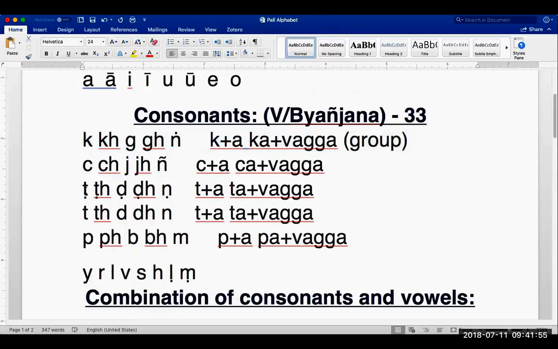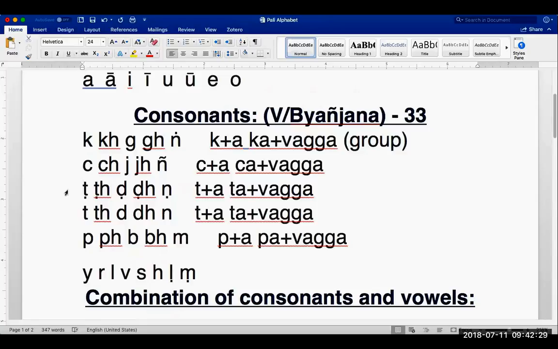And the next group is called tavagga. Try to pronounce. This will be very difficult for many of our friends who are not familiar with this. When you say t, your tongue curls up and back and touches the upper palate. Ta, t, da, d, n. Ta, t, da, d, n.